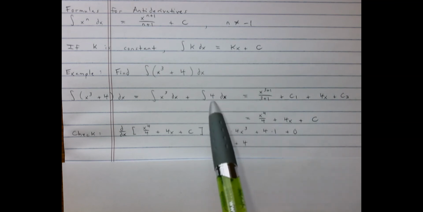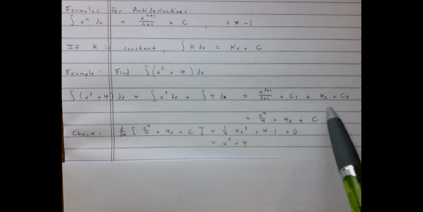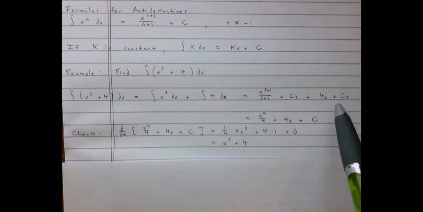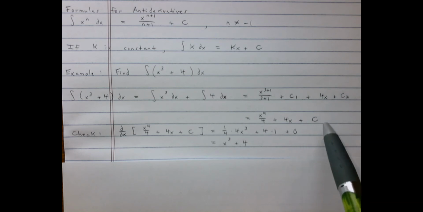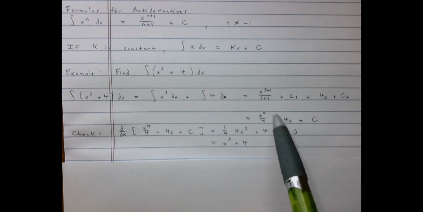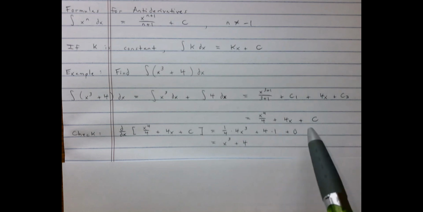And for the integral of 4, using this formula here, we end up with 4x plus some constant, which I'll call c2. Now, I could just merge these constants c1 and c2 and call it some new constant c, and that's typically what you'll see. So we end up with x to the 4th over 4 plus 4x plus c.